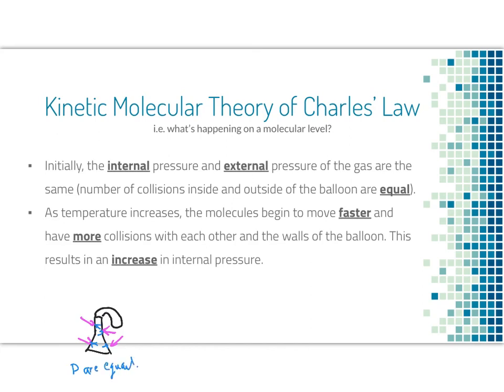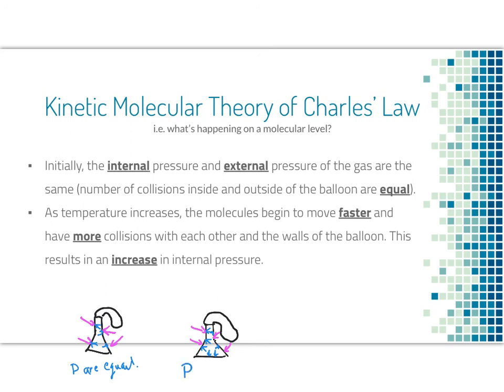As we increase the temperature, the molecules begin to move faster. And so what we're going to see is an increase. Let's say we have 4 collisions still on the outside; the external or atmospheric pressure has not changed. The number of collisions inside our flask/balloon have increased.